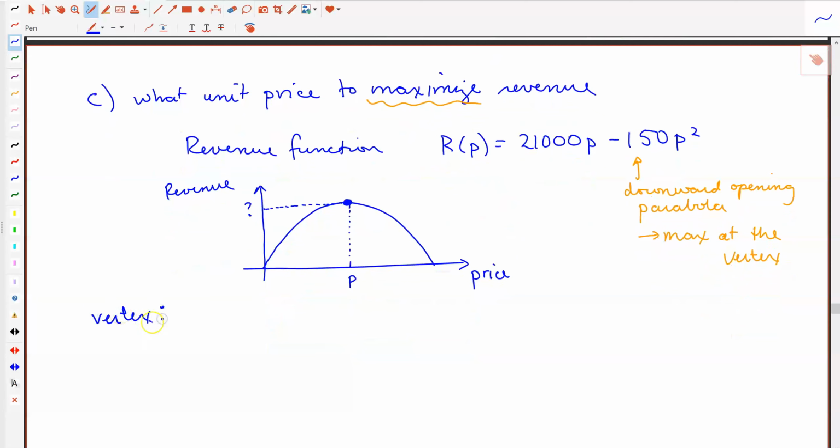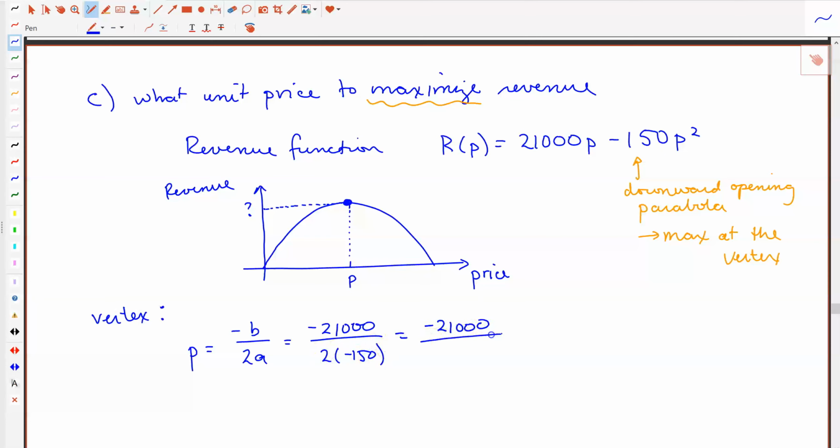Now remember, my independent variable in this case is p. So p is equal to, and our vertex formula is negative b over 2a, which takes the coefficients of your quadratic. In this problem, my value for b is 21,000. So I'll have negative 21,000 all over 2 times my a value, which is negative 150.